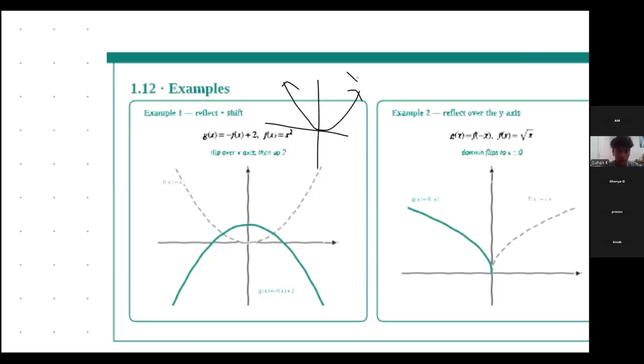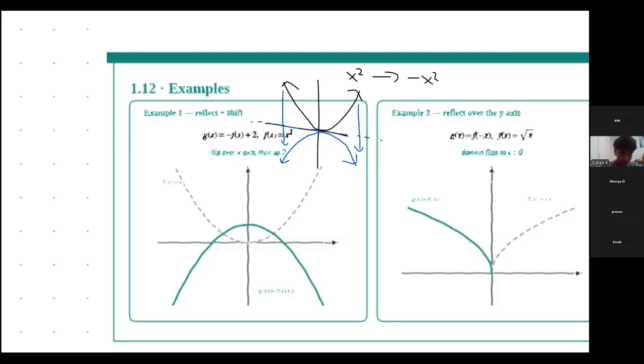Let's say we're going from x squared to negative x squared. I'm going to draw negative x squared in a different color, blue. So we're going to reflect it over the x-axis, and it's going to become this. Because this point is going here, this point going here. It's just reflecting over the x-axis, right?